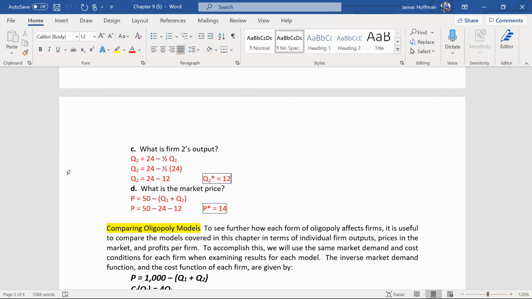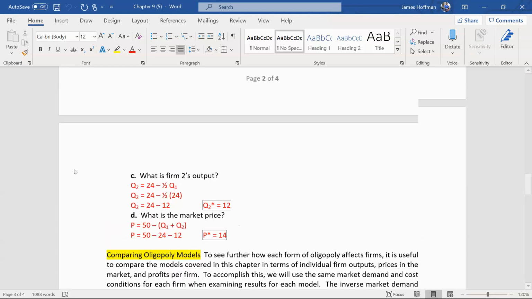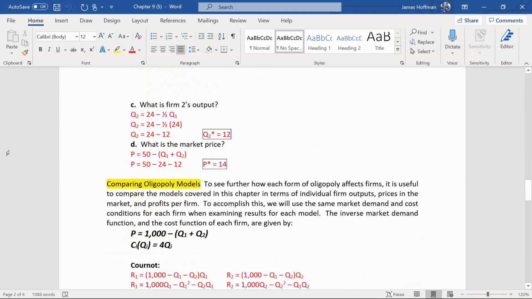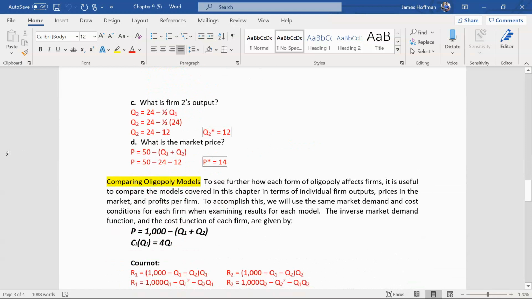So you can see that firm 2 gets exactly half of what firm 1 got. Okay, and so firm 1 chooses 24, firm 2 chooses 12, and so that's the best that firm can do based on having a leader like Microsoft.